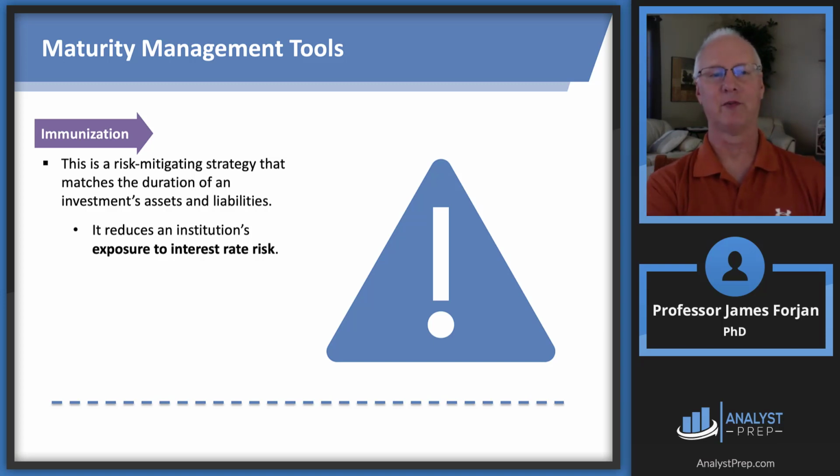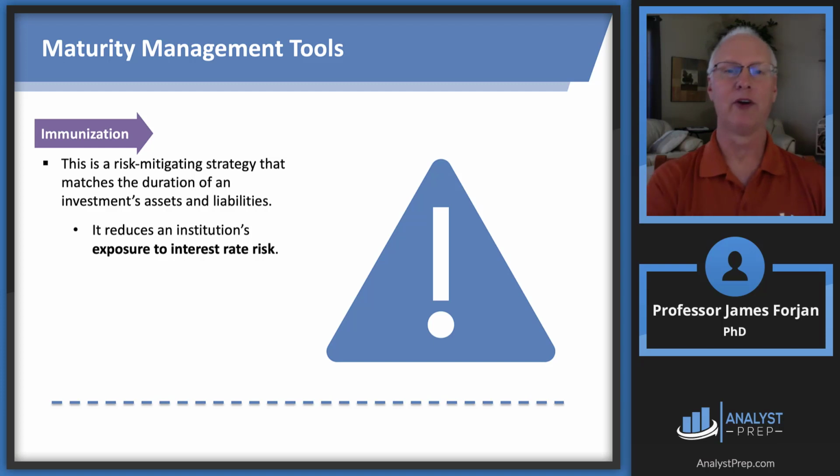So that's what that first bullet point means. Immunization is a risk mitigating strategy that matches the duration of assets and liabilities. So to immunize a portfolio, what you do is you buy a bond that has a duration equal to the investment horizon of the liability.